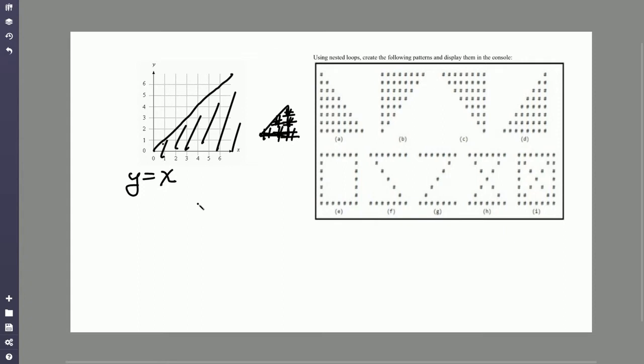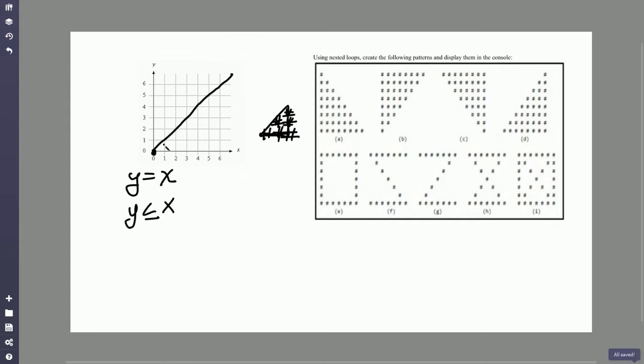So one way to describe this would be all of the places where x is greater than y, or equal to, because we want our line to be included. That's going to give us our area. Just picking a couple of points to prove that this is going to work, we'll have 0, 0. So 0 is less than or equal to 0. Yep, that one's going to be included.